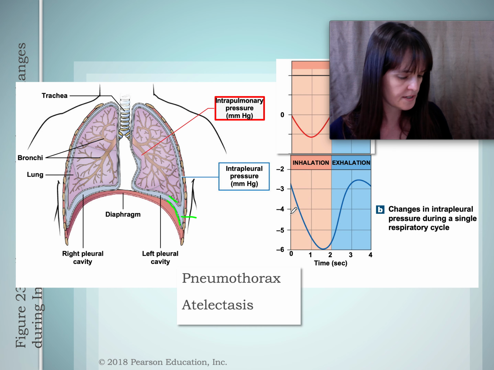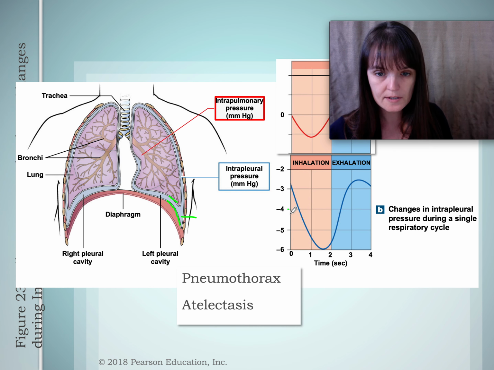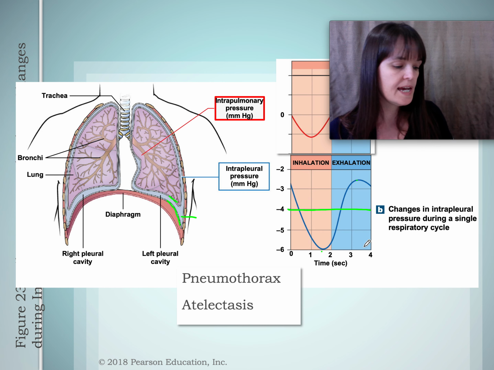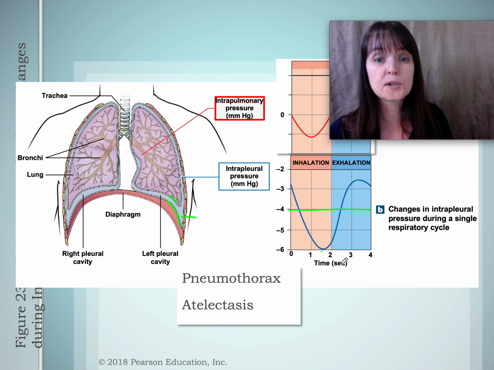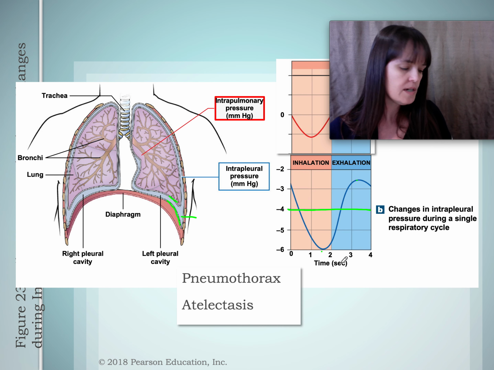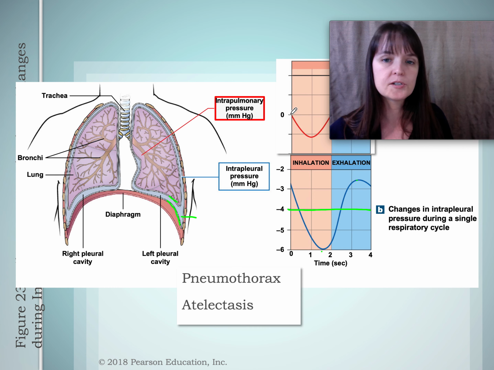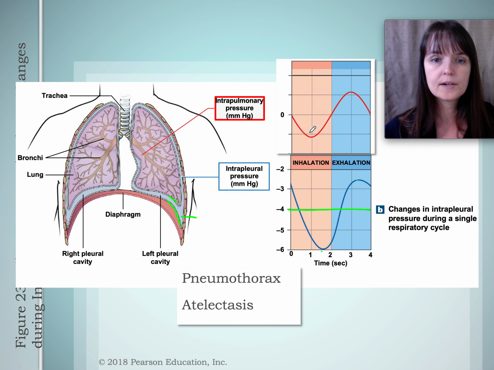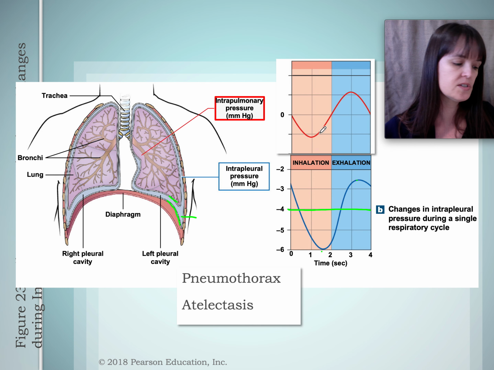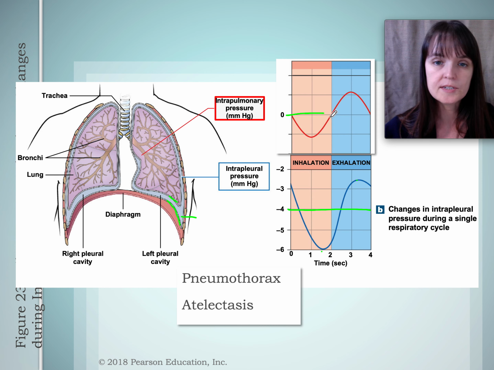The average pressure here, which is between peak and trough, top and bottom here, is -4 millimeters mercury. So intrapulmonary pressure, our red line, here's atmospheric pressure at 0.